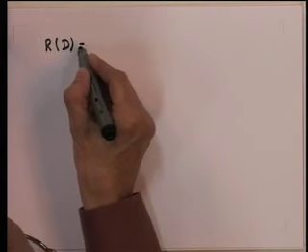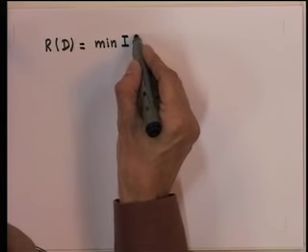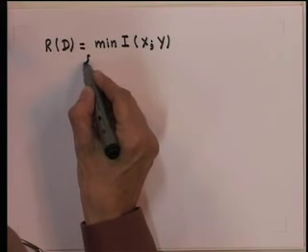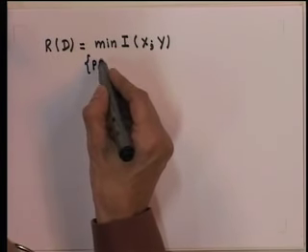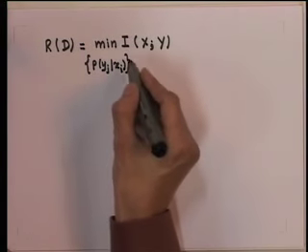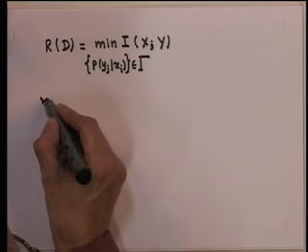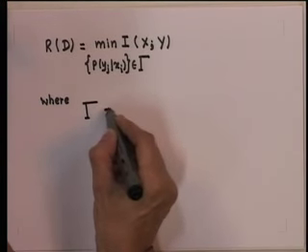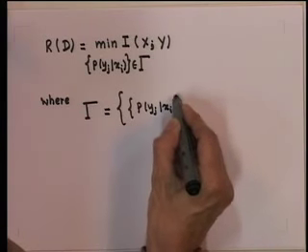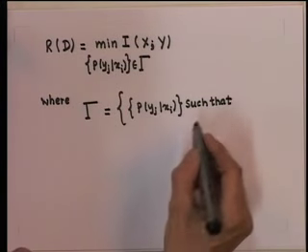The rate distortion function is equal to the minimum of the average mutual information, and this minimum is over the conditional probabilities, where this conditional probability belongs to the set of all those conditional probabilities which satisfy the distortion criterion.